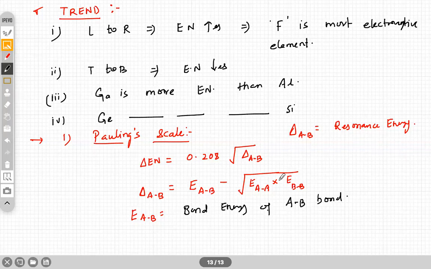Did you get it? Obviously you see this formula. Suppose you remember the formula also, if bond energy is not given, you won't be able to find out the difference in electronegativity. That's why these kinds of questions they won't ask. Not important, but just a formula I have given you, that is it.